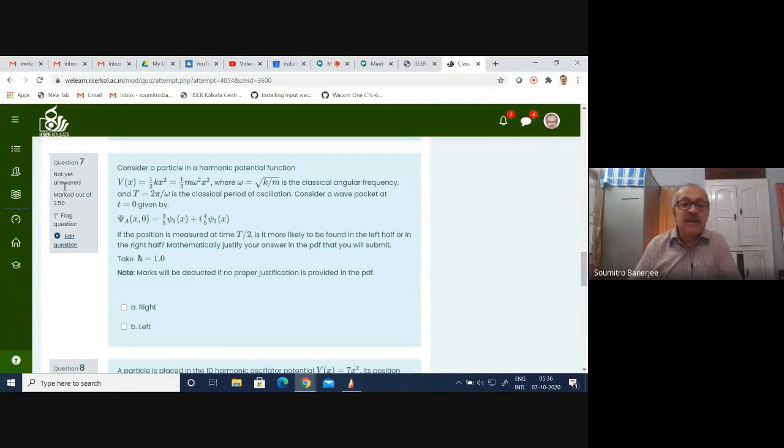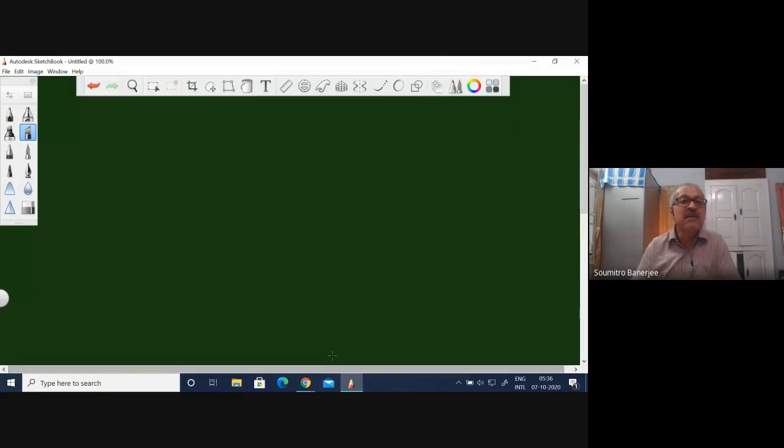So let me do it here. Your state was given at t equal to 0 as psi x comma 0. It was 3 by 5 psi naught, the ground state, x plus i 4 by 5 psi 1 x. So that was given, right?